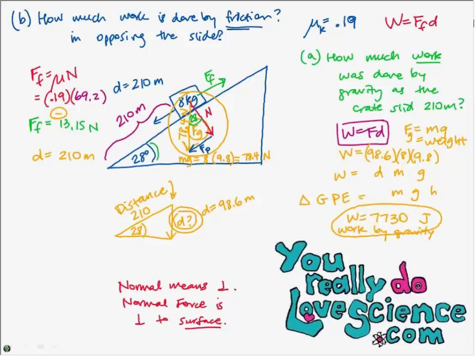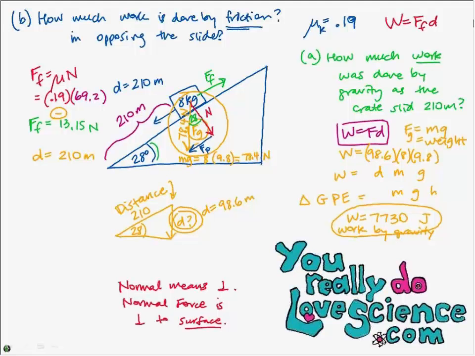Some people want to call the down one negative and the up one positive, but usually we want to call friction negative because it's opposing the motion. And if the gravity is doing positive work by pulling this object down, we're actually going to say that friction is doing negative work.